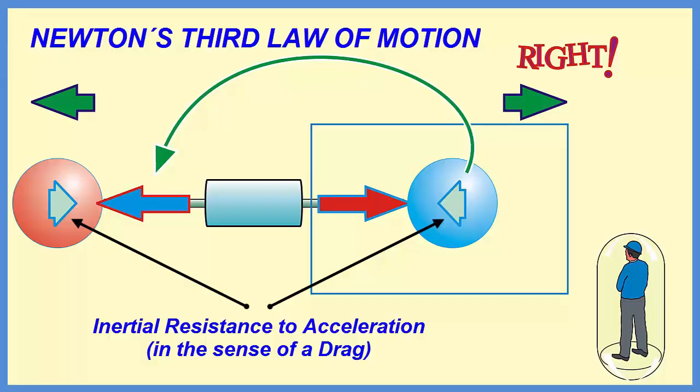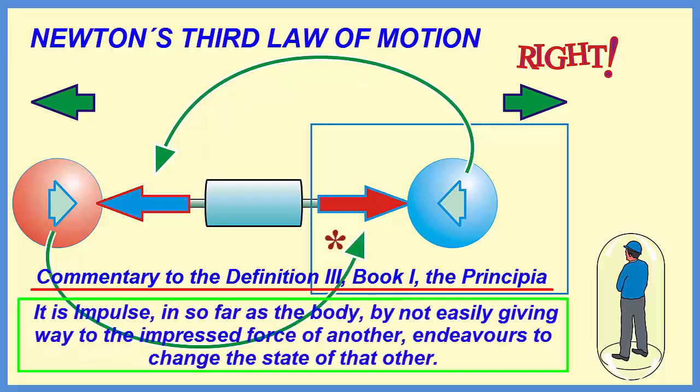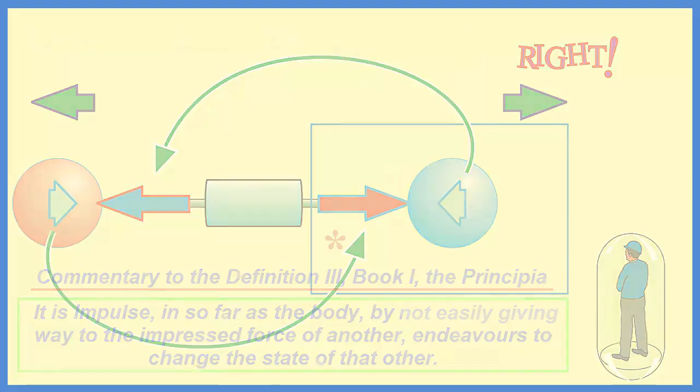In the commentary to definition 3, Newton said, the inertia is resistance, insofar as the body, for maintaining its present state, withstands the force impressed. And it is impulse, insofar as the body, by not easily giving way to the impressed force of another, endeavors to change the state of that other.